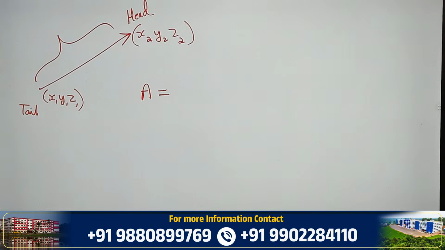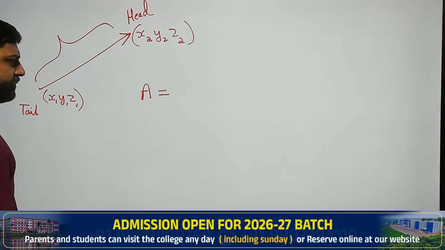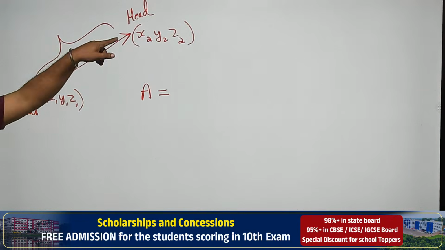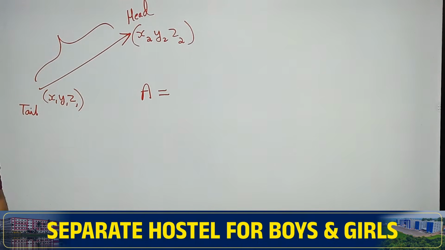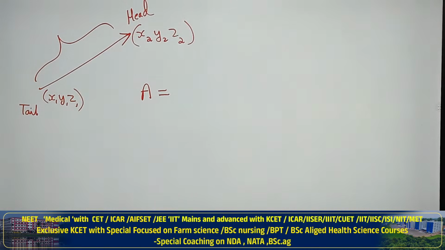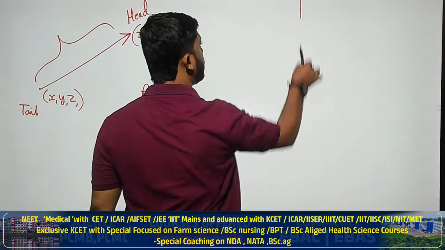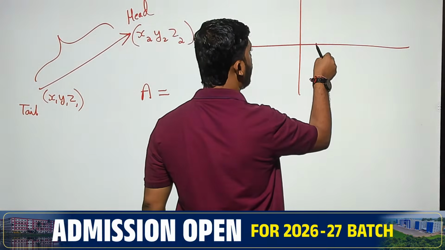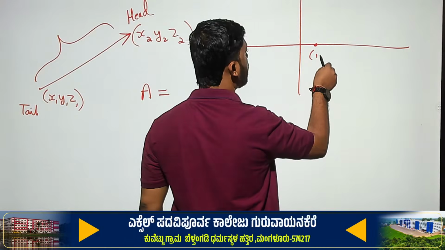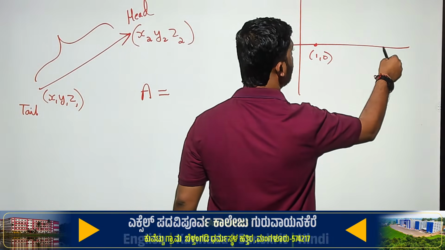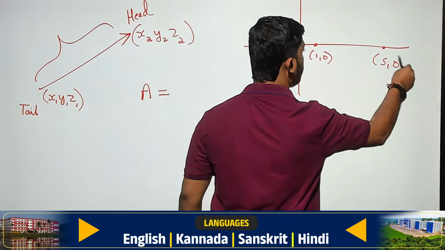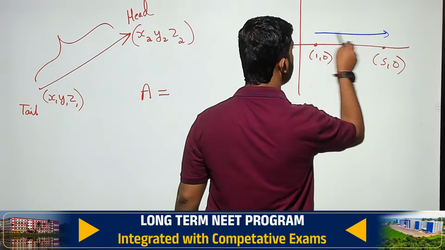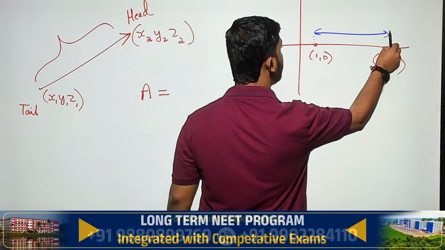I think you have studied in your mathematics, what is the distance between 2 points? If you have coordinates, I can find the distance between 2 points. For example, we have an axis. One point is at 1, 0 and another point is at 5, 0. Can you tell me what is the distance between these 2 points?